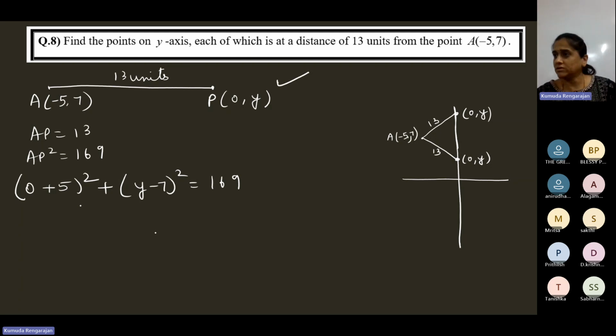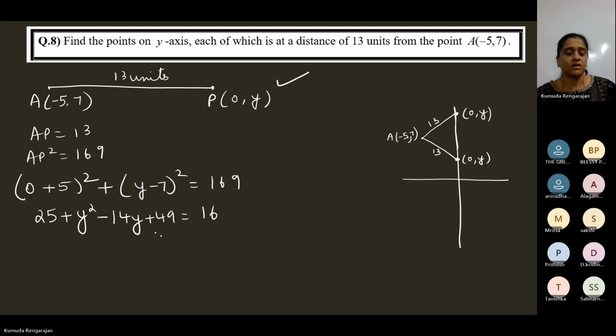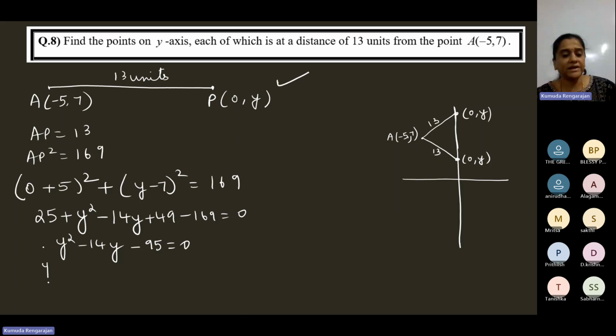So then the distance formula, right? 0 plus 5 is 5, 5 square is 25 plus y square minus 14y plus 49. You can bring 169 also to this side, minus 169 is equal to 0. So we have y squared minus 14y, 169 and 49 is minus 120, and plus 25, so minus 95 is equal to 0. 19 5s are 95.